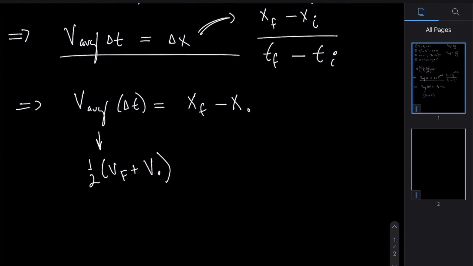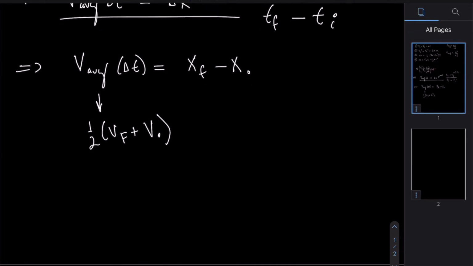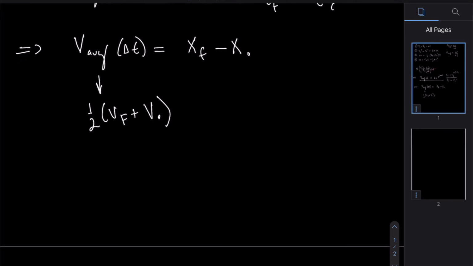If that doesn't really make sense, just think about how you go about calculating averages in general. You take the quantities you have, add them together, and divide by the number of quantities you have, and that gives you an average. It's the same concept here, right? We have a final velocity and initial velocity. If we just add them together and divide by 2, we're going to get the average velocity.